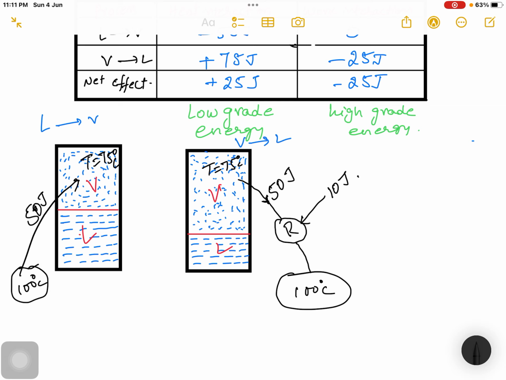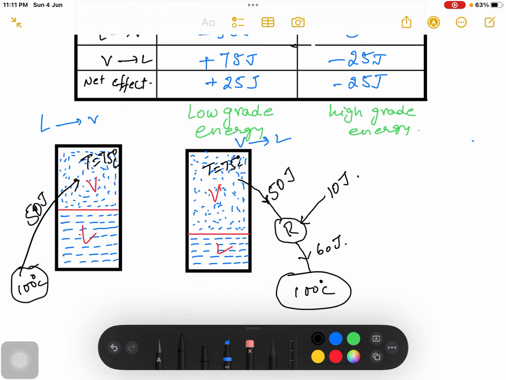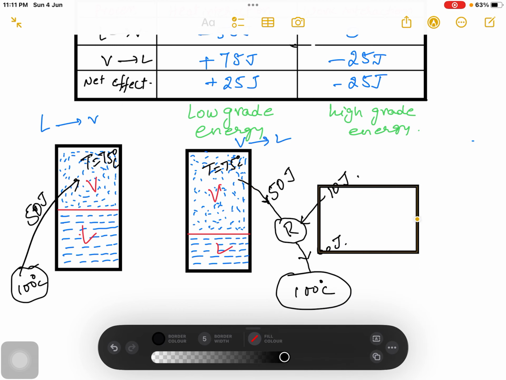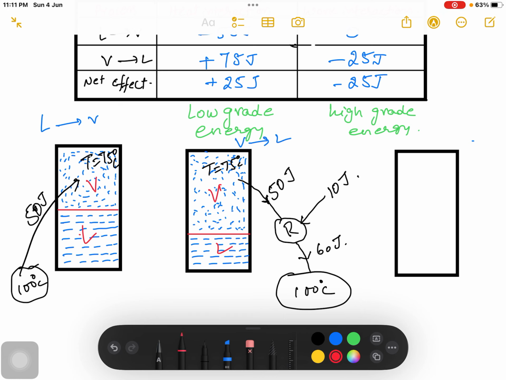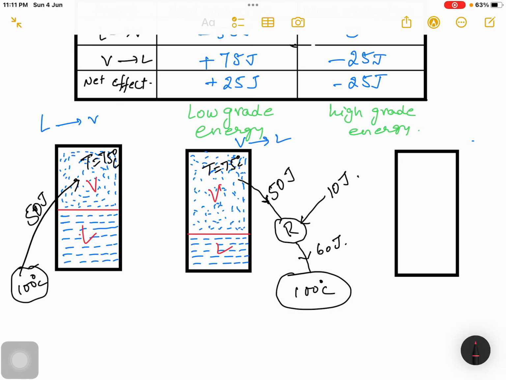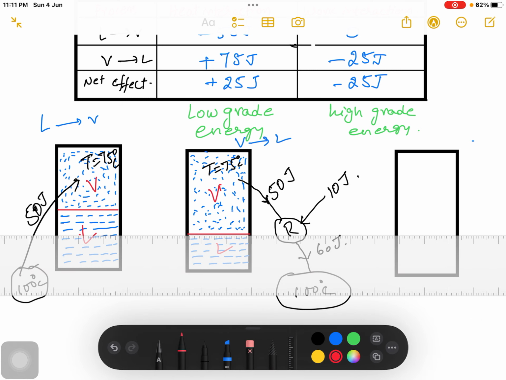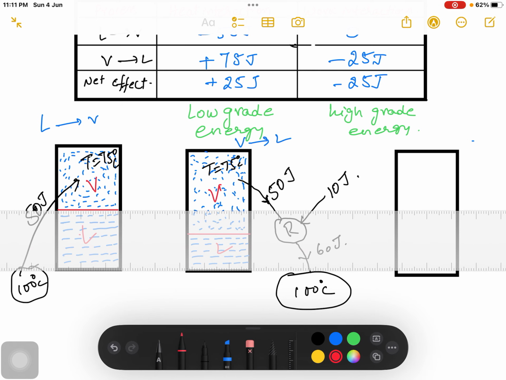Totally the surrounding is gaining 60 joules of heat. What happens further is the vapor is converted into liquid what we needed.